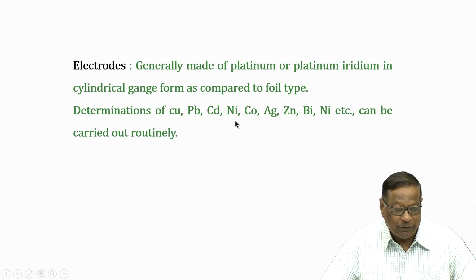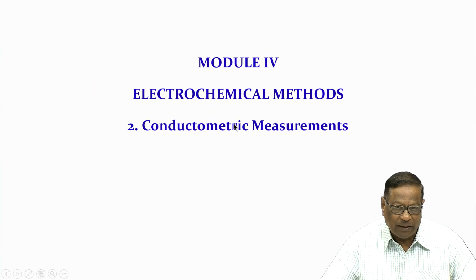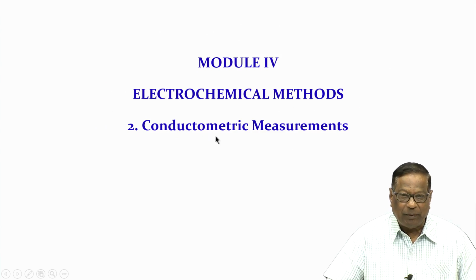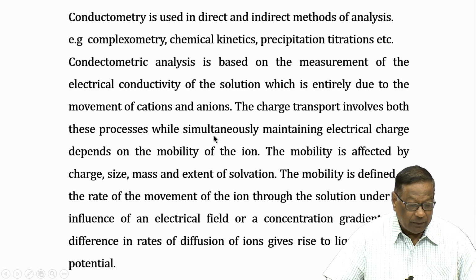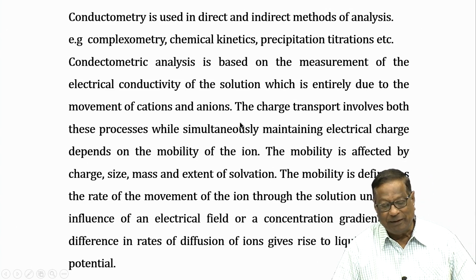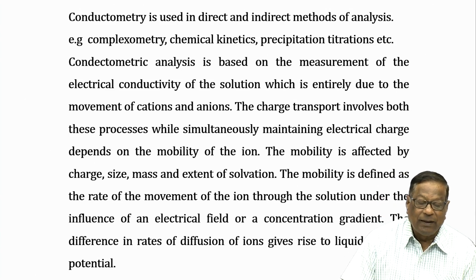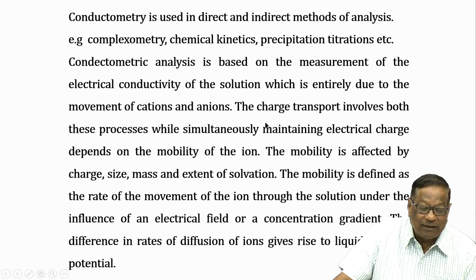Now we will go to the next technique of electrochemical methods, that is conductometric measurements. So, what is conductometry? Conductometry is nothing but the measurement of conductance, that is current.